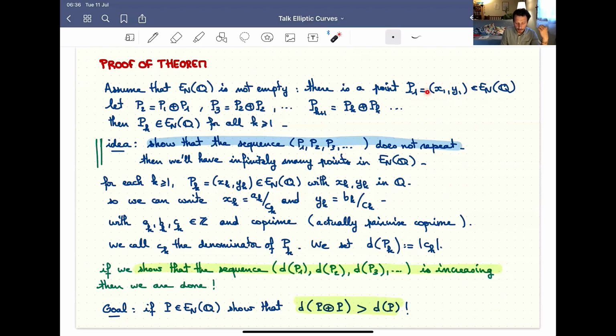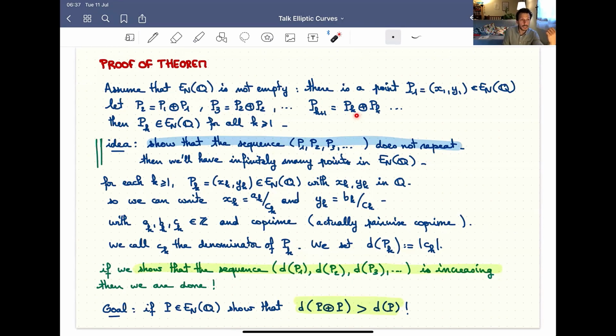So if we have a solution x1, y1, we call it a point P1, and we compute the point P2, which is P1 plus P1, plus with a circle. And then we set P3 as P2 plus P2, and we go on by recursion.